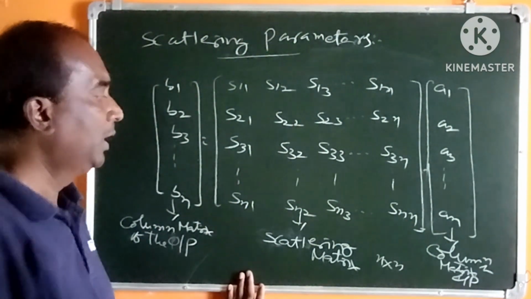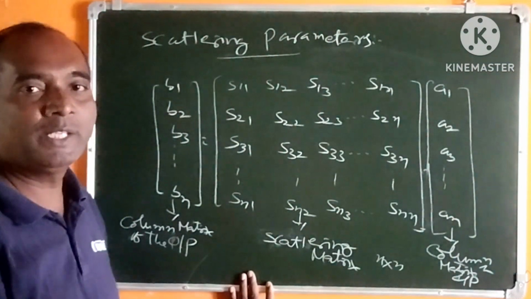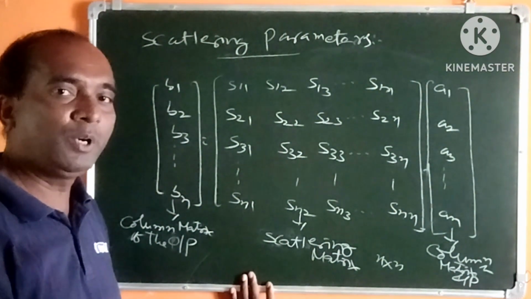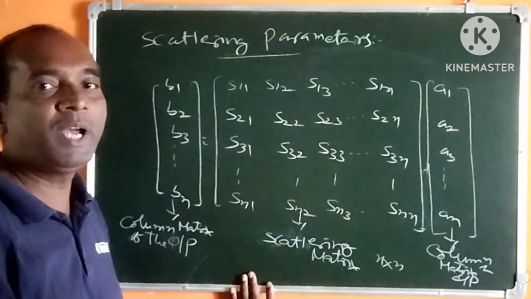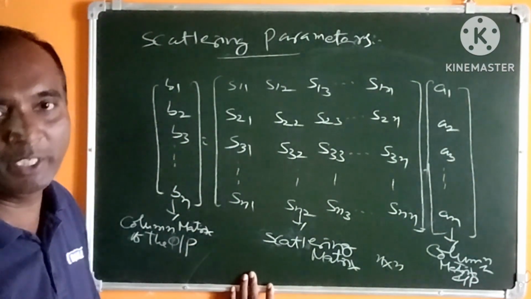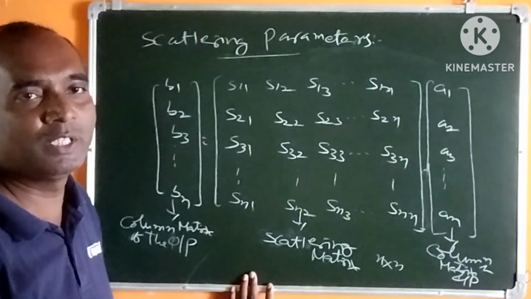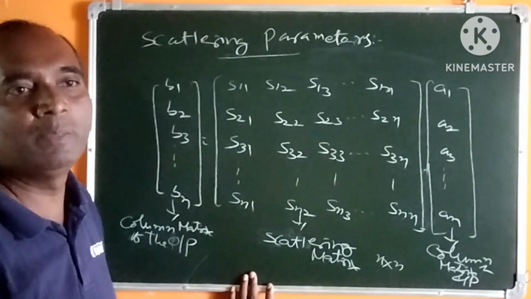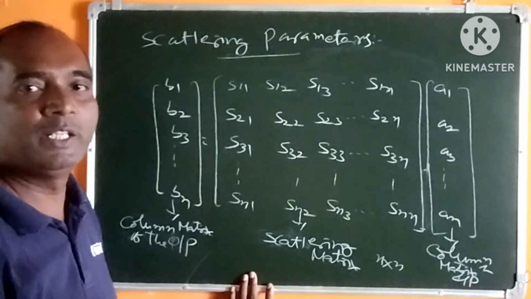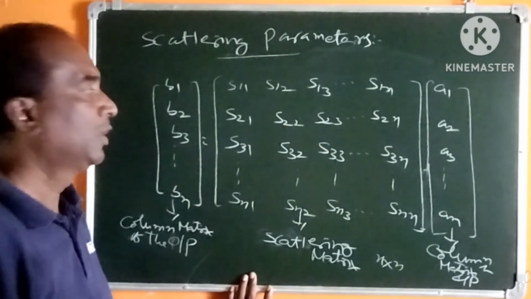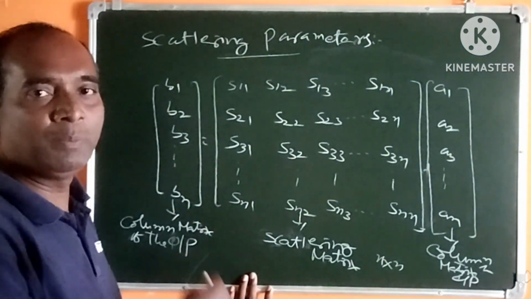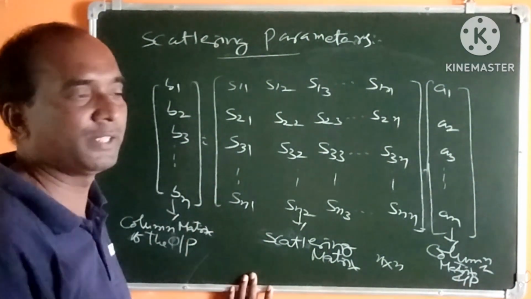Okay. Now it is a matrix. It has some properties. These properties are similar to the mathematical properties. In the case of a matrix, we can say that it is a symmetric matrix, it is a square matrix, and etc. So now we can see what are the properties of this S matrix.